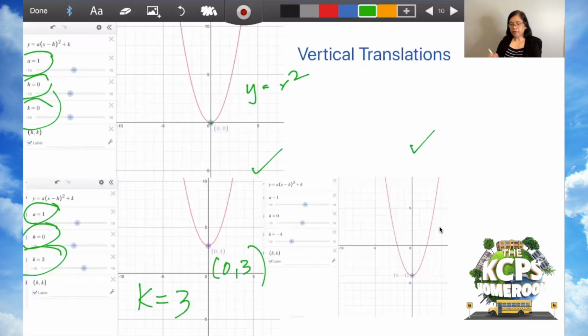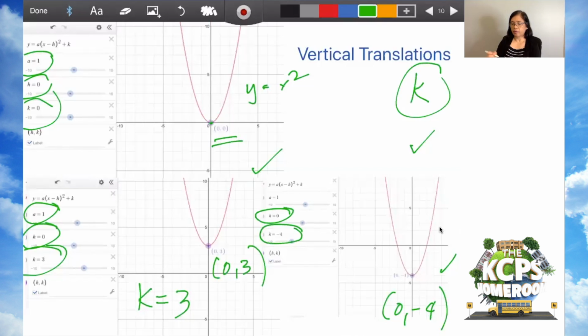And on the last graph here, we change our value. Again, your h is still 0, but your k is -4. You compare: this is at 0, 0. Now, this is at the point 0, -4. So it's actually the value of k which affects the transformation. And also, notice the change in the coordinates of the vertex, 0, 0 to 0, 3, 0, -4.